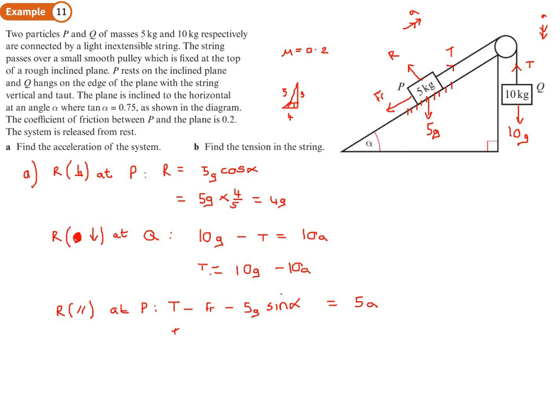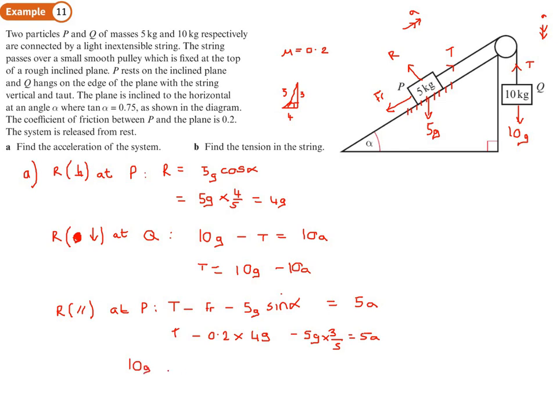So I know what the reaction force is now, so I can substitute in my friction. So I've got T minus 0.2 times 4g minus 5g. I know sine alpha is 3/5, so I can pop that in there as well. Equals 5a. And then I can substitute my tension in there as well.